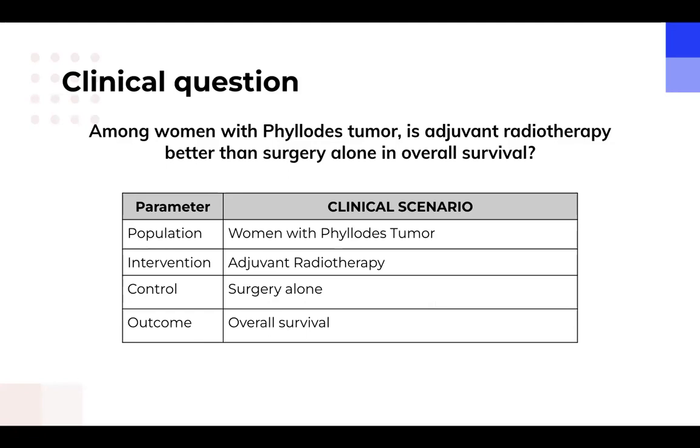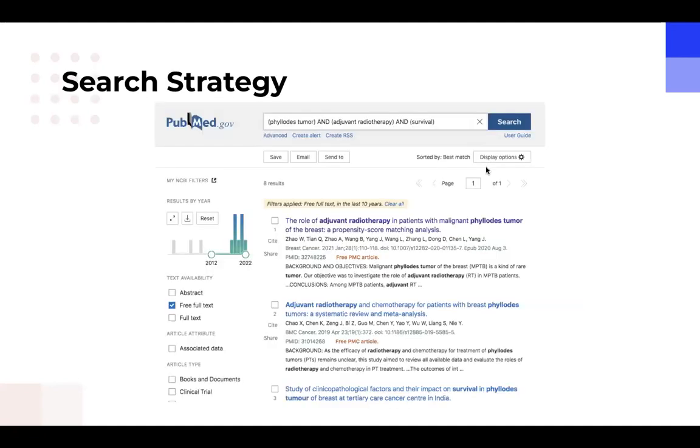So our population is women with phylloides tumor. Our intervention is adjuvant radiotherapy. Control is surgery alone, and the outcome is overall survival. Here's our search strategy. We use the following words: phylloides tumor, adjuvant radiotherapy, and overall survival.